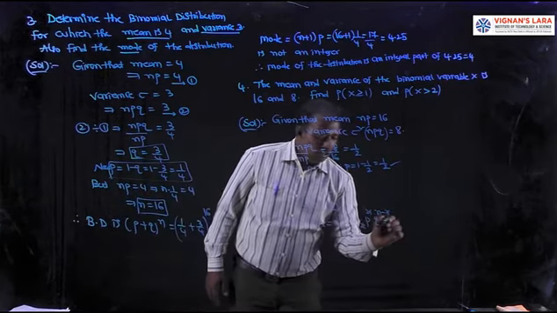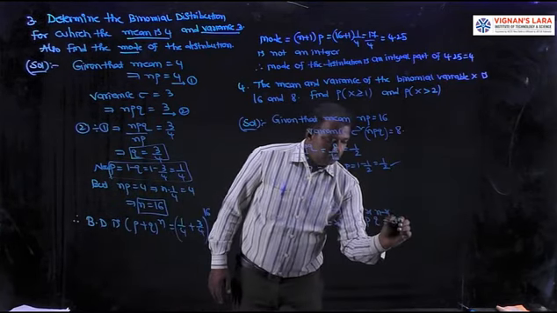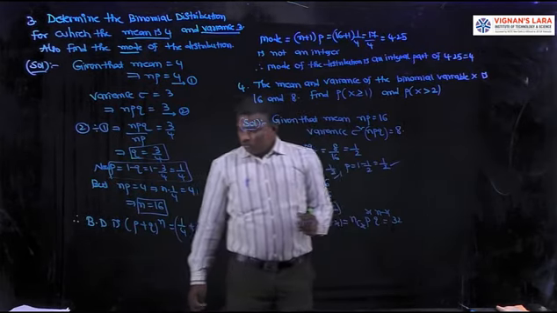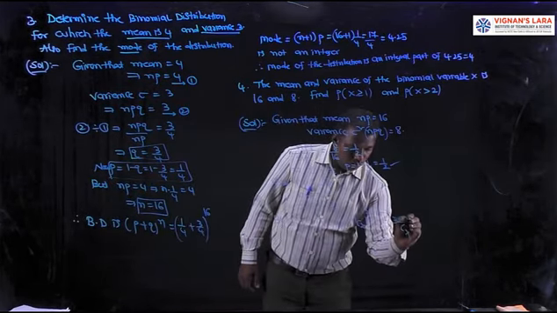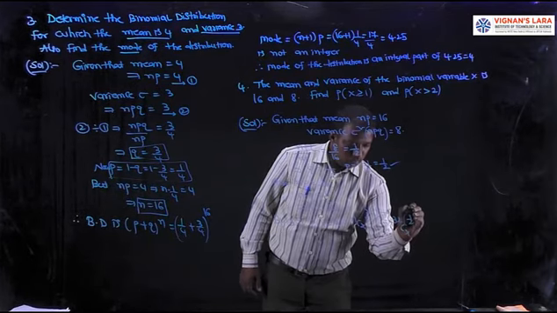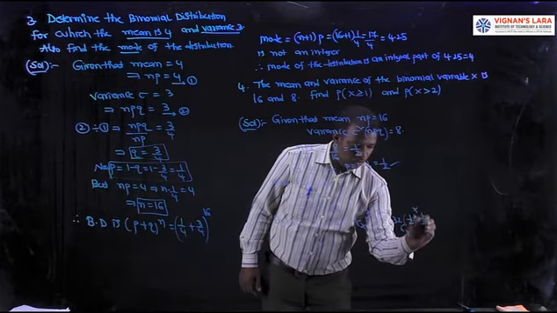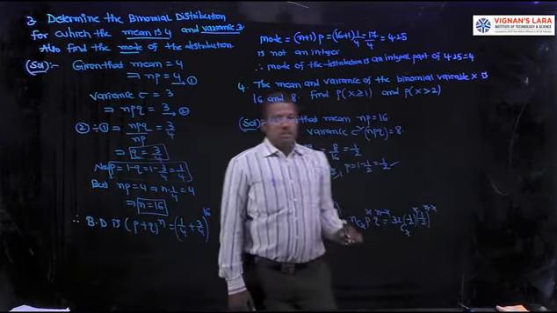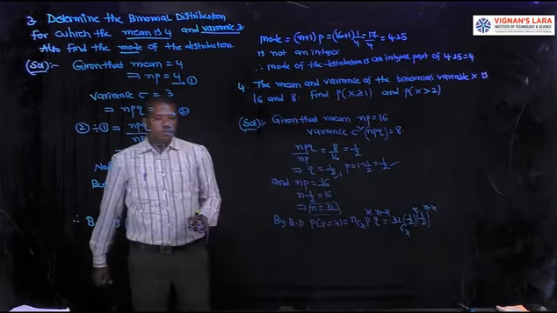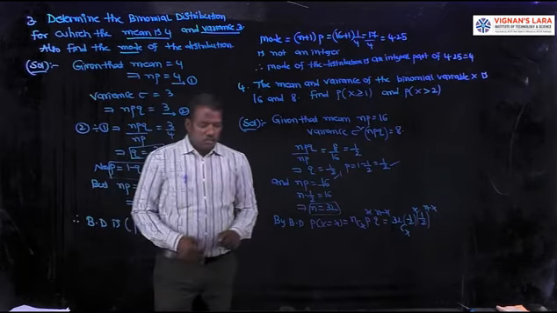Here, with the fixed values, it is 32Cx (1 by 2) whole power x into (1 by 2) whole power n minus x.